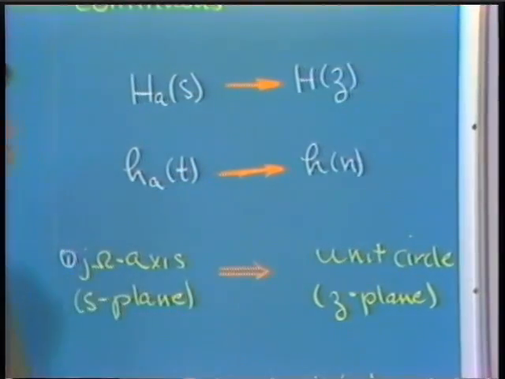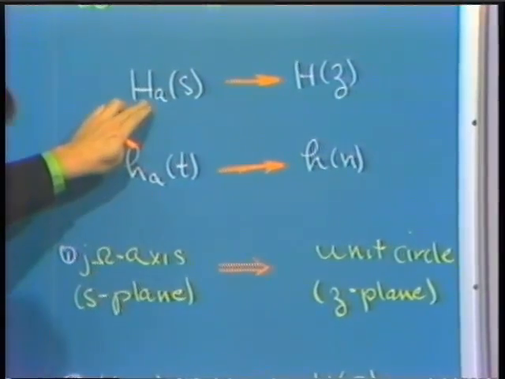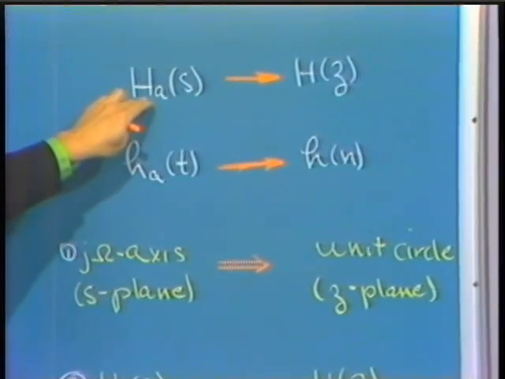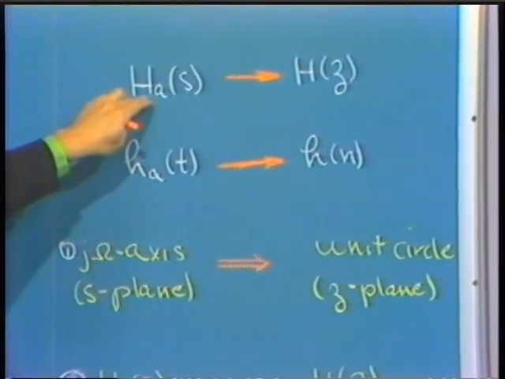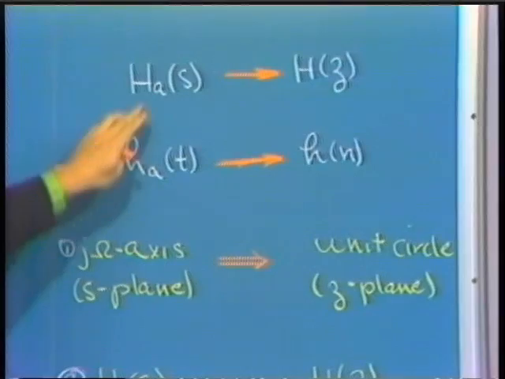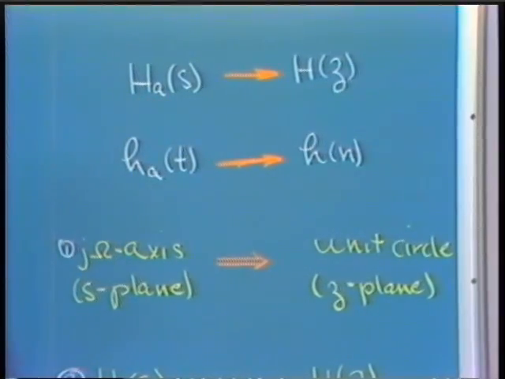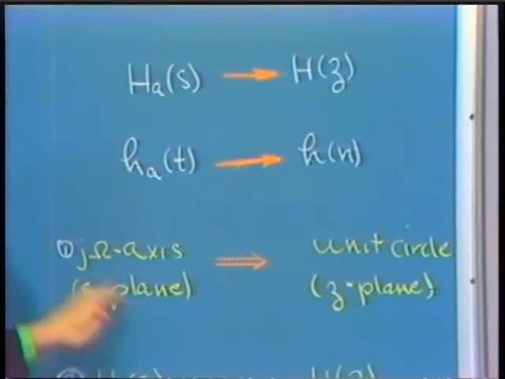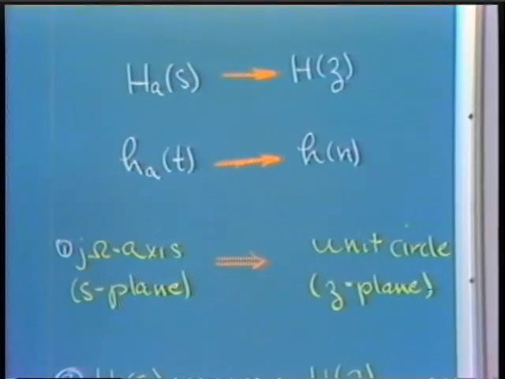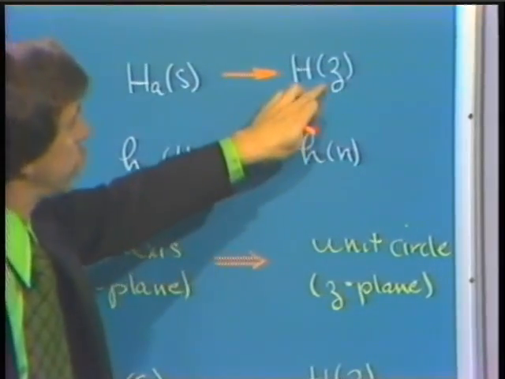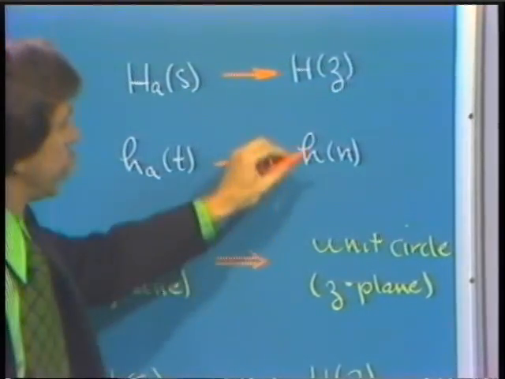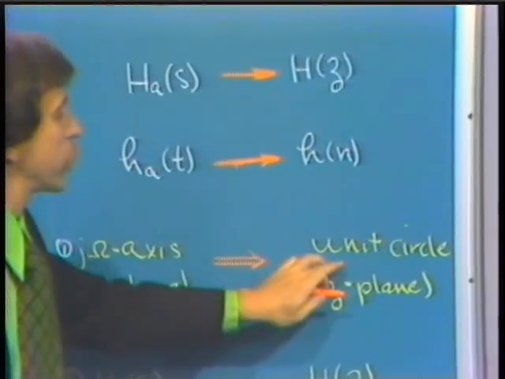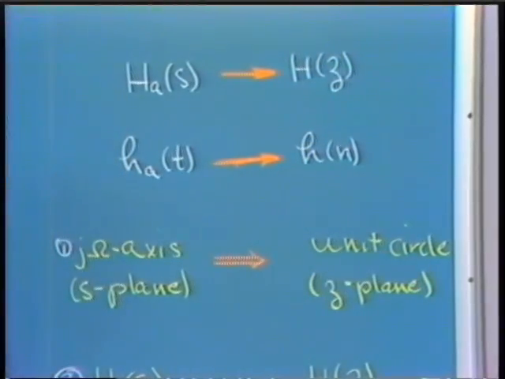The point, of course, is that when we talk about an analog frequency response, we're looking in the s-plane on the j omega axis. And for the digital filter, it is the behavior of the system function on the unit circle that dictates what the frequency response is like.